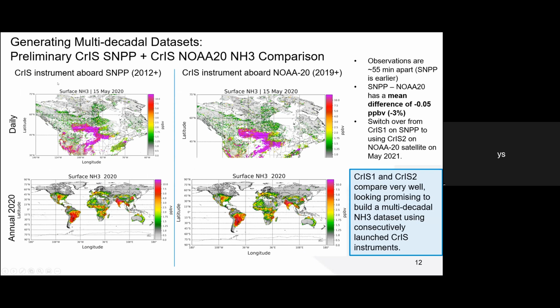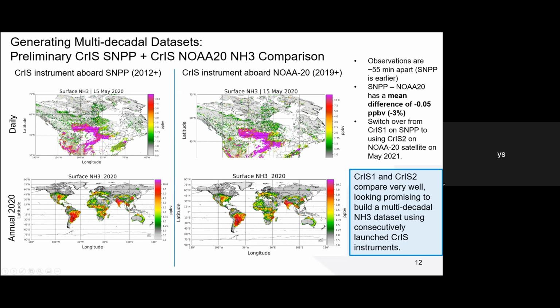So the majority of this presentation was focused on the addition of non-detects, but we also wanted to share some information about the addition of NOAA-20 data to the CFPR product. On the left, we have a daily and an annual 2020 S&P plots. And on the right, we have the same, but with NOAA-20. Overall, the observations are very comparable.